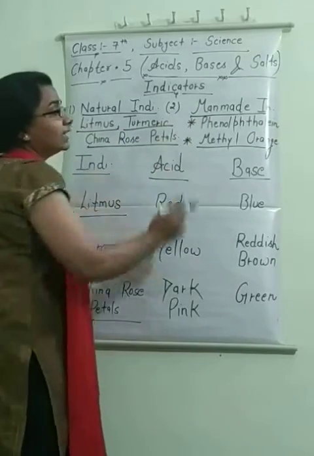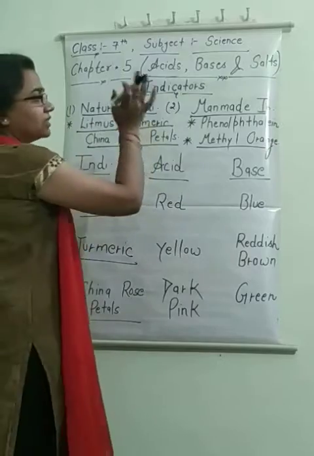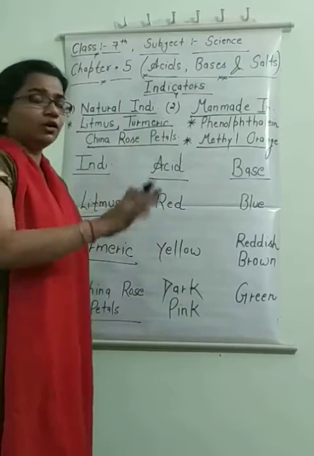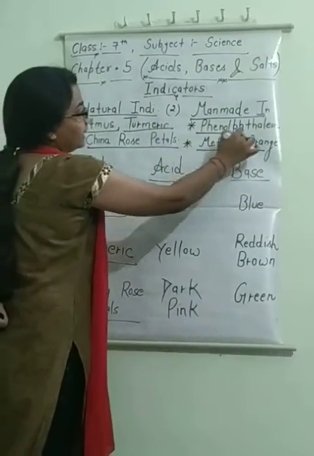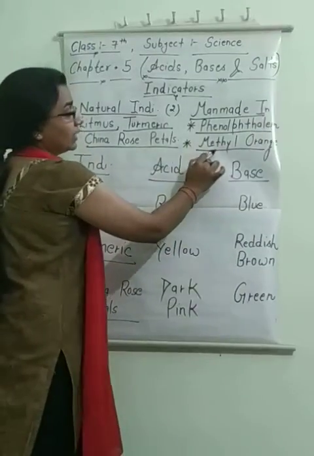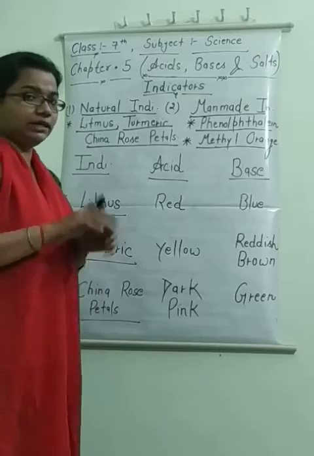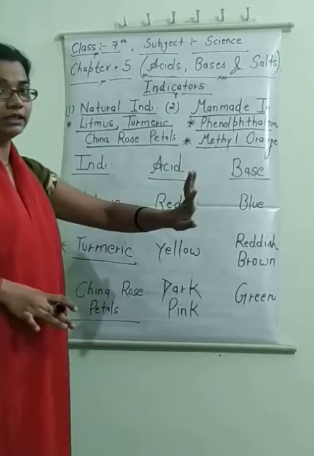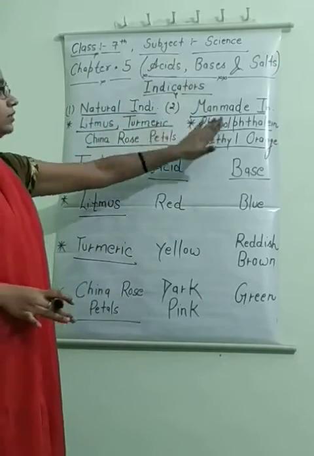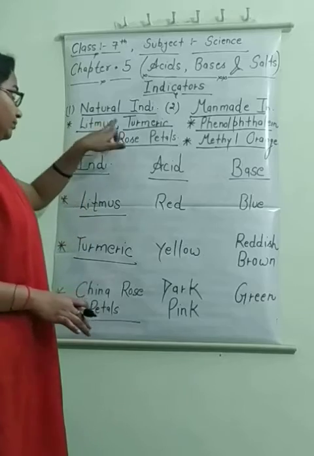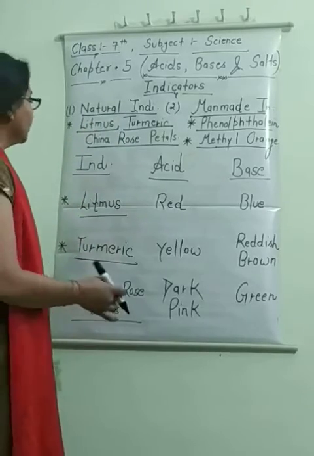Man-made indicators are used chemically in the lab. These are phenolphthalein, first one, and next one is methyl orange. Both are man-made indicators used at a higher level. But for natural ones we can easily discuss here.